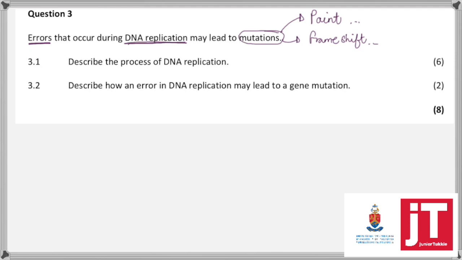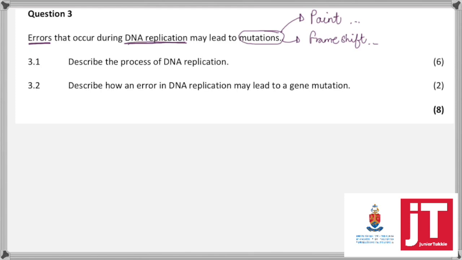And that's typically where we look at things like Down syndrome, with non-disjunction in meiosis, or we look at mutations that are gene mutations, of which these are examples: point or frame shift mutations. But it's typically a base substitution or a base omission that we look at here when it comes to these mutations. So we just need to make sure that we get our context right.